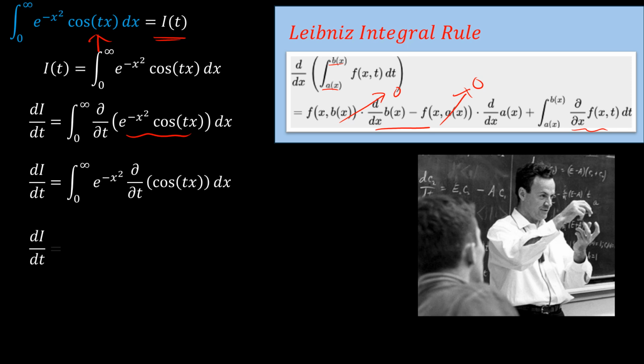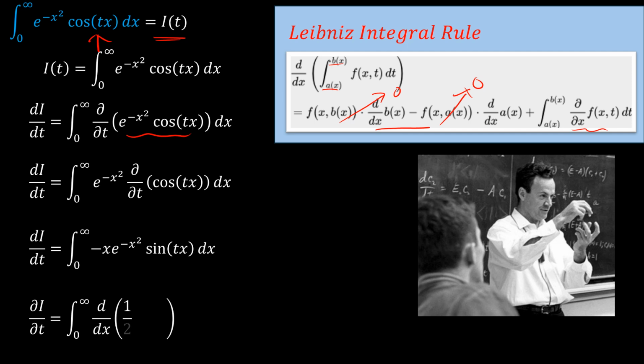That means we just have to integrate e to the power negative x squared times the partial derivative of cosine tx, which is negative x e to the power negative x squared times sine tx. The important part here is that this portion is the same as the derivative with respect to x of half e to the power negative x squared.